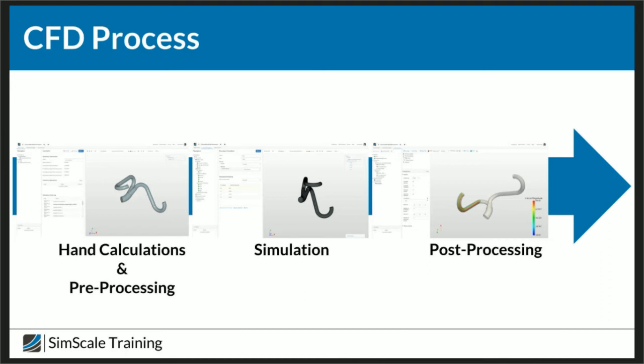Once we have a good mesh, we move on to the simulation part, where we set up the simulation, and it would be an incompressible flow simulation with turbulence modeling. Then we move on finally to the post-processing, and the post-processor is also included on the SimScale platform. So the entire CFD workflow is implemented on the platform, and you do not need an additional preprocessor.